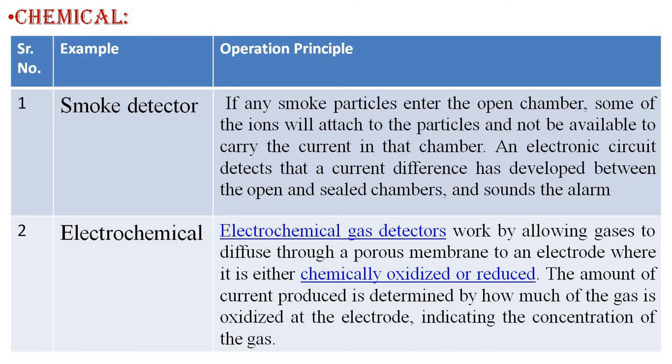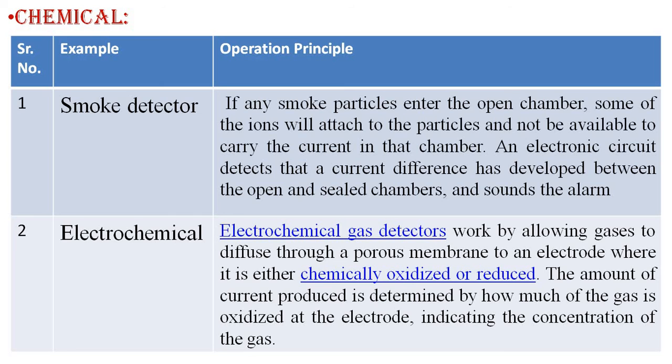Next one is the electrochemical sensor. It converts chemical energy into electrical energy. It detects the gas chemicals present and converts them into electrical signals and gives the output. Electrochemical gas detectors work by allowing gases to diffuse through a porous membrane to an electrode, where the gas is either chemically oxidized or reduced.